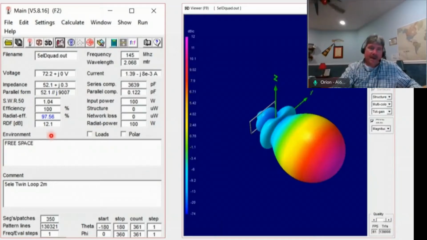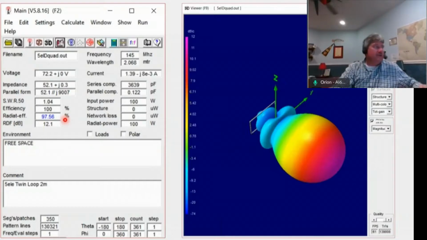And again, you have all the information. You can see what your impedance is. And look here, you've actually got an SWR of 1.04. So this antenna has been designed pretty well to match the 50 ohms. So you wouldn't need a tuner on this one as well. Another thing, I don't know if you noticed on the dipole, the radiation efficiency is 97. We were only getting 86% on the dipole.